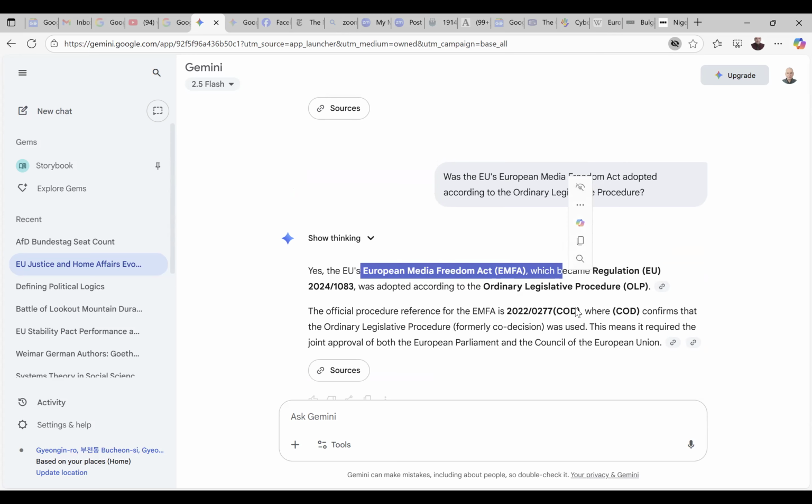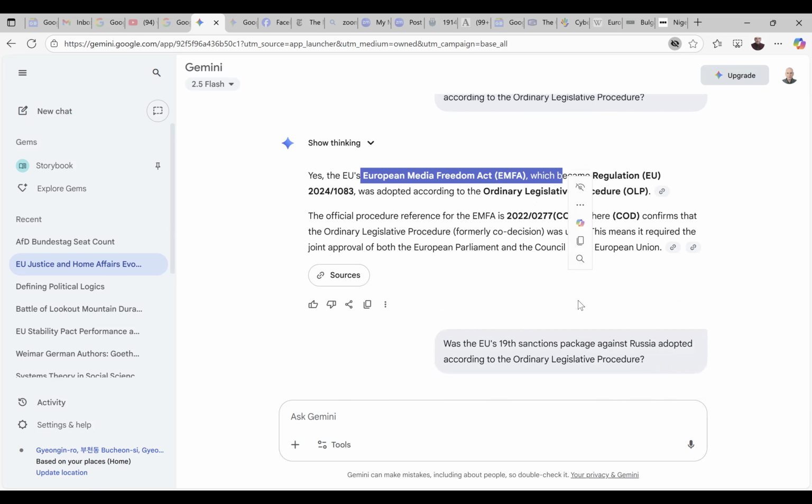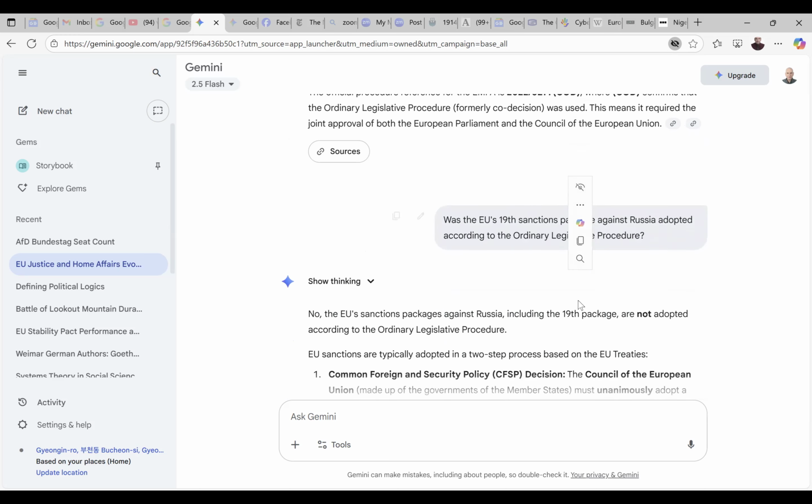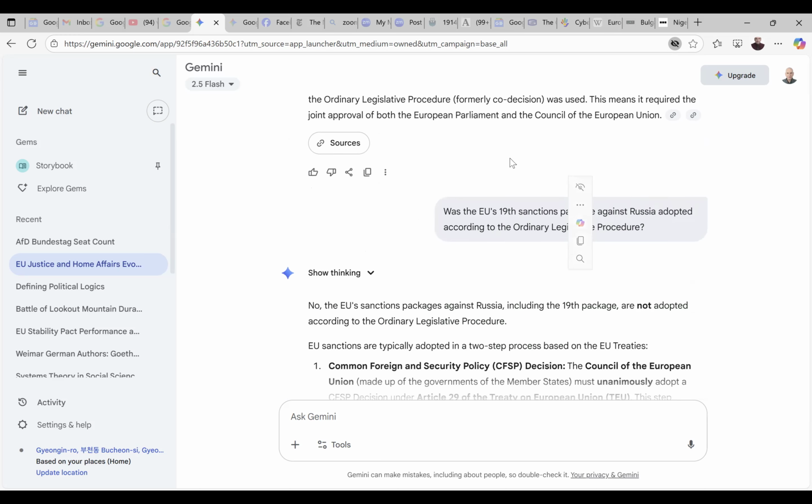Again, not directly part of warfare with Russia, but part of counteracting Russian hybrid warfare by spreading lies and disinformation through bots on the internet, and spreading propaganda. And again, adopted by the ordinary legislative procedure.